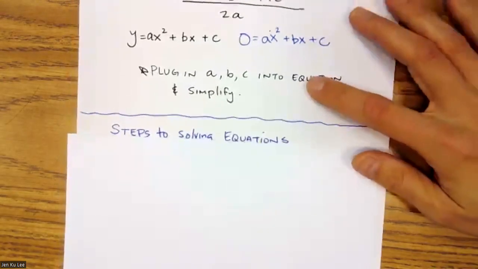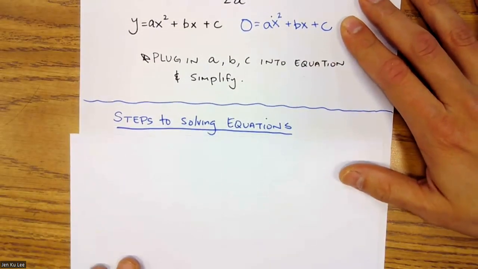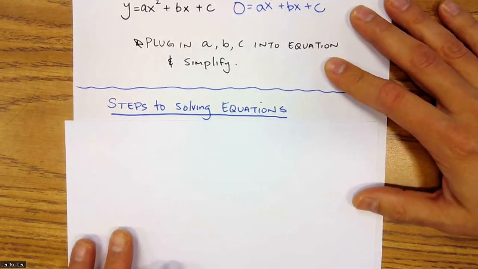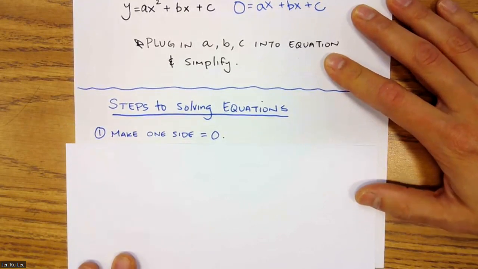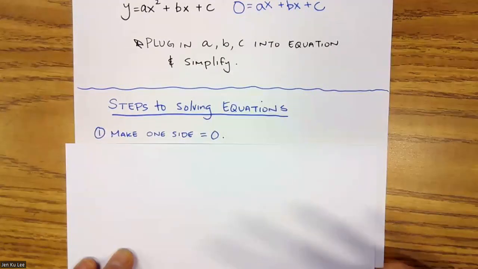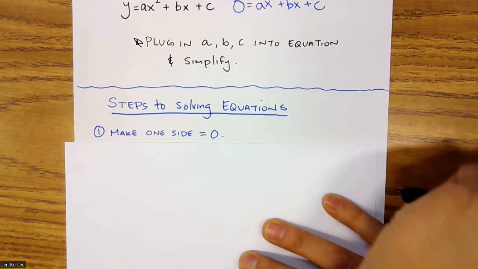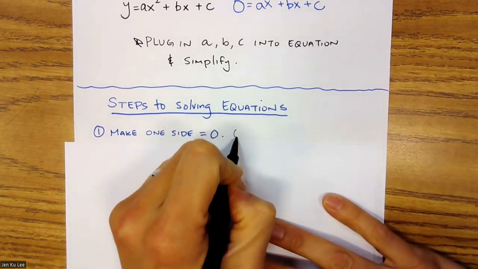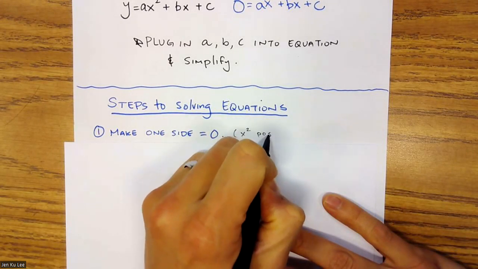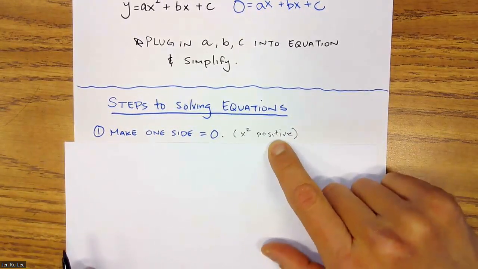So before we go over how to use that and practice that, we're going to go over the steps to solving equations first. The first step in any of these solving quadratics is make one side equal to 0, preferably making x squared positive.